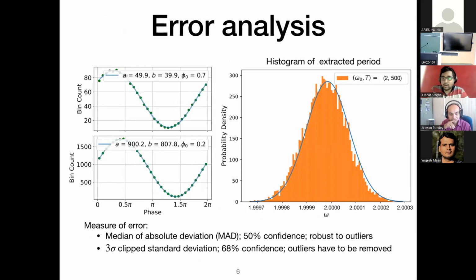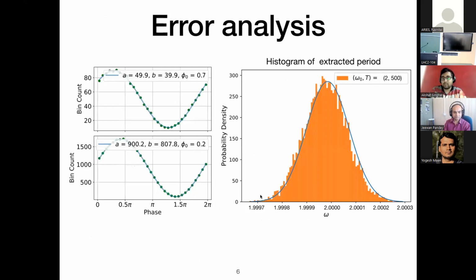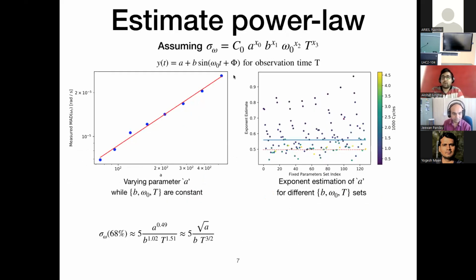I think I missed your first question, so I will answer your second question first. We have done multiple realizations. We now know what the distribution of recovered period looks like, so we know the error for one set of input parameters. If you do this for multiple input parameters, you can plot them on a log scale where only one parameter varies and the others are kept constant, and you will get an exponent. For one set of B, omega naught and T, you will have one exponent.